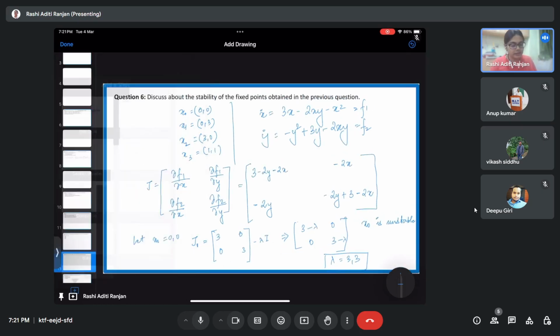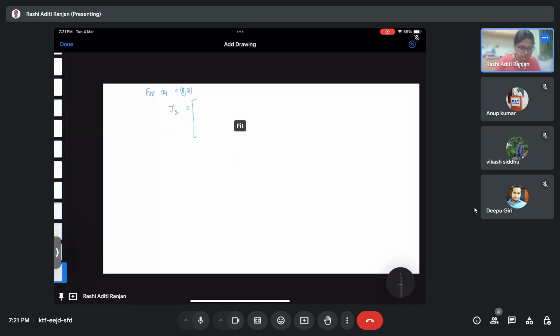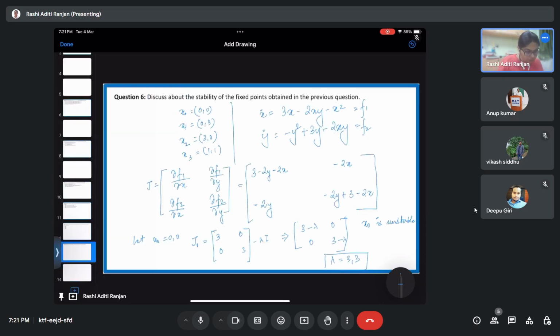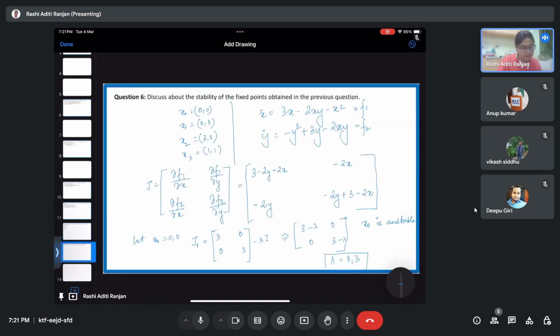I'll come to the second fixed point, which I've considered as (0, 3). I'll have my Jacobian J2 as: 3 minus 2y minus 2x, x times 0.